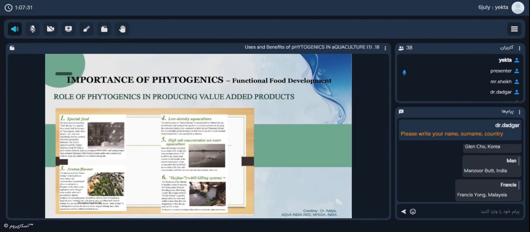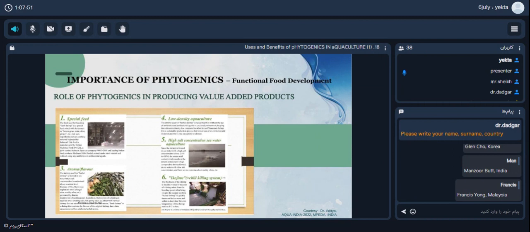Now, coming to the same functional food development, this slide I got from Dr. Adit Mpida. Here you can see the herb shrimp. This is produced for a specific demand from Japan.